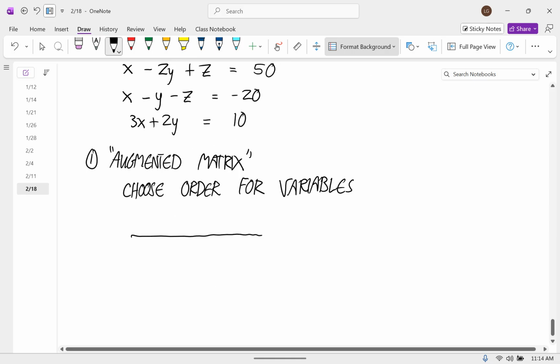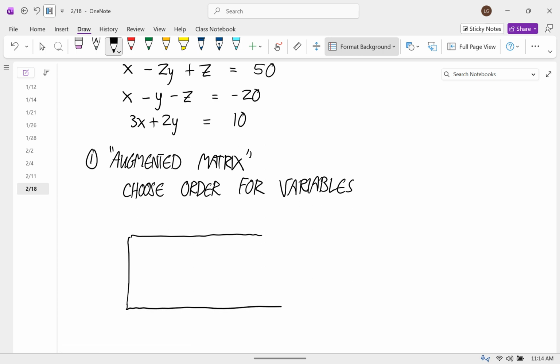This matrix is always going to have a number of rows equal to the number of equations you have, and a number of columns that's one more than the number of equations you have. I guess most people would probably choose the order to be X, then Y, then Z, but we wouldn't have to do it that way.